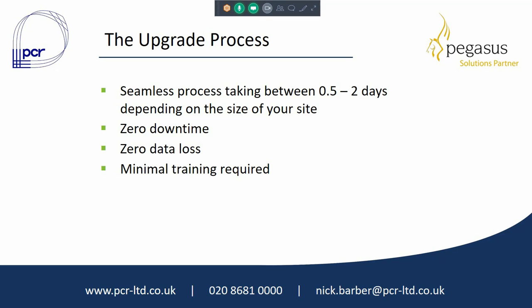So our typical preferred procedure is for us to install Opera 3 beside Opera 2. We'll then upgrade the data overnight out of hours, so that the next morning your users will come in and they'll be able to use Opera 3 straight away. We will provide them with some documentation outlining the differences between Opera 2 and Opera 3.